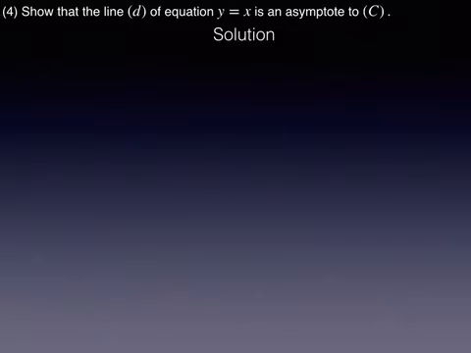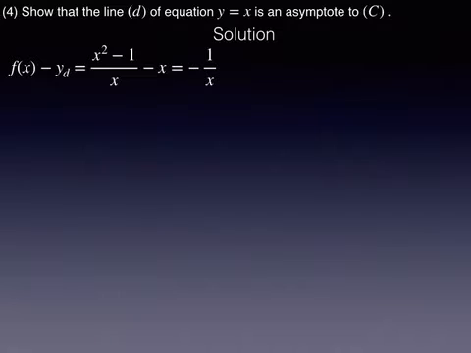The first thing to prove an oblique asymptote is to evaluate the expression of f of x minus the equation of the straight line. So the expression of f of x is x squared minus x minus 1 over x, minus the equation of the straight line D, which is x.